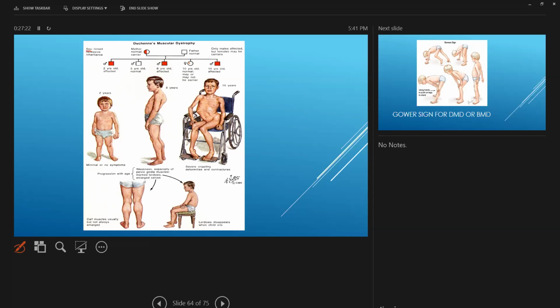So mom's going to give her X, dad's going to give the Y. And so if mom's X is a carrier and dad's Y, now since this is a son, right, this child is going to be fully expressing this genetic makeup. Whereas a female, if she's a carrier, she gets that from mom, she gets that from dad, and she's a silent carrier. So that's the difference.